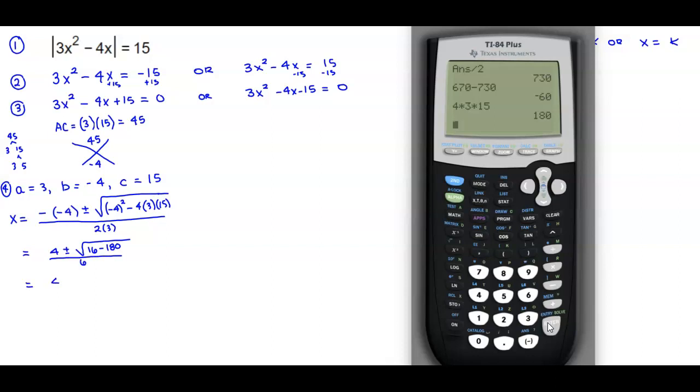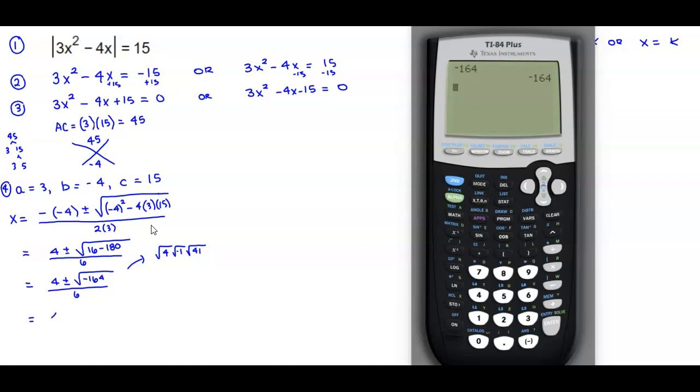And so therefore this is going to equal 4 plus or minus the square root of 16 minus 180, which gives us negative 164, divided by 6. And now we need to find the perfect square in 164. So that means the perfect square is 4, so we have 4 times the square root of negative 1 times the square root of 41.